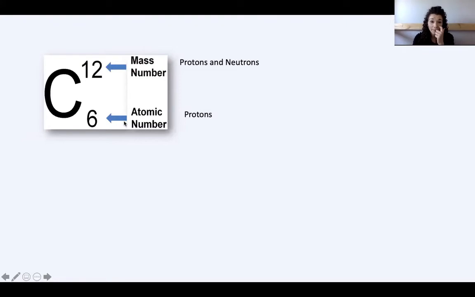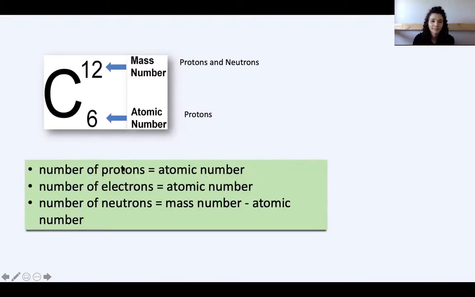Now the atomic number is just the number of protons inside the nucleus of the atom. The second number, the mass number, is always the bigger number. So the bigger number is the number of protons and neutrons added together. So we can work out how many of each of these subatomic particles are inside an atom.